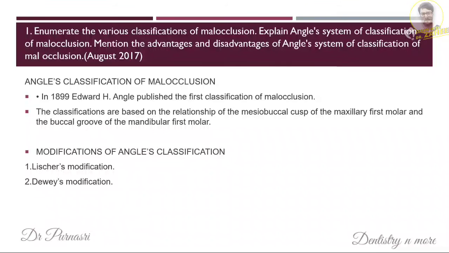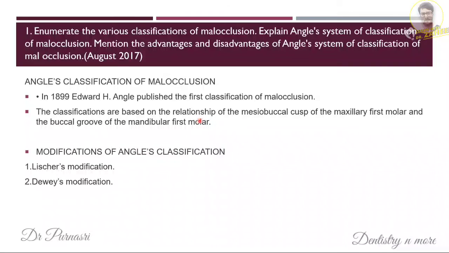Next we'll explain the Angle system of classification. So this was given by Edward H. Angle in 1899, and this was the first classification that was given for a malocclusion. This is the most commonly used classification, and you all must be very familiar with it. This is based on the relation of the mesiobuccal cusp of the maxillary molar and the buccal groove of the mandibular molar.